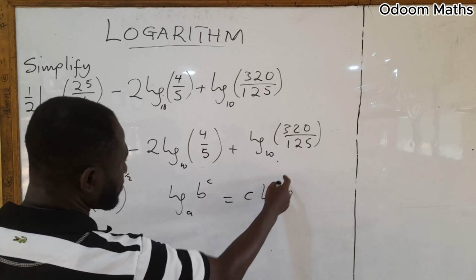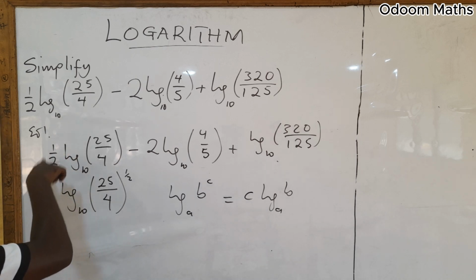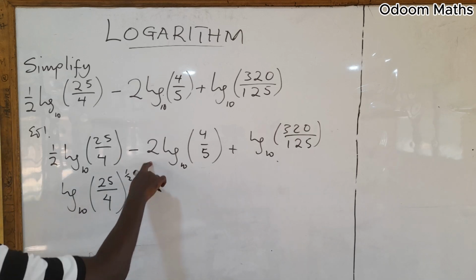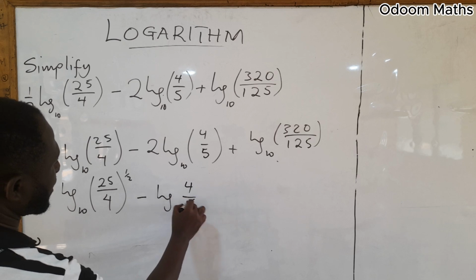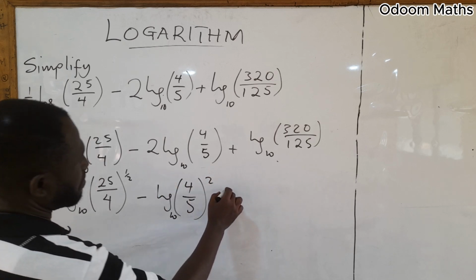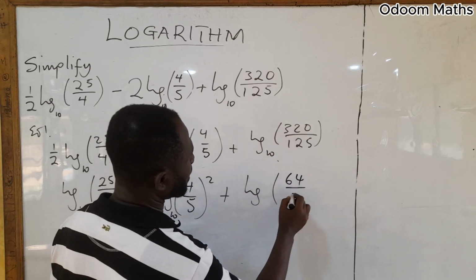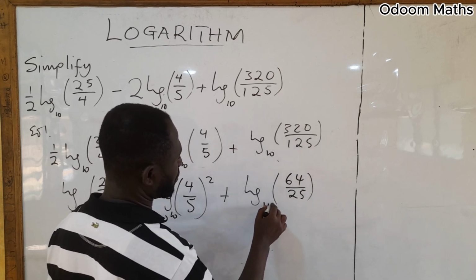So when you have this, you can just change it to this one. Minus, and we are changing this also, so log 4 over 5 to the power 2 base 10, plus 320 over 125, which is the same as 64 over 25. You can check that on your calculator.